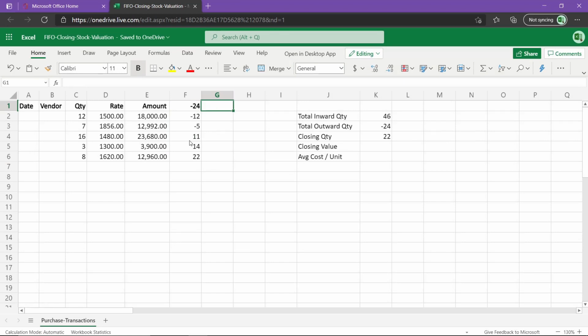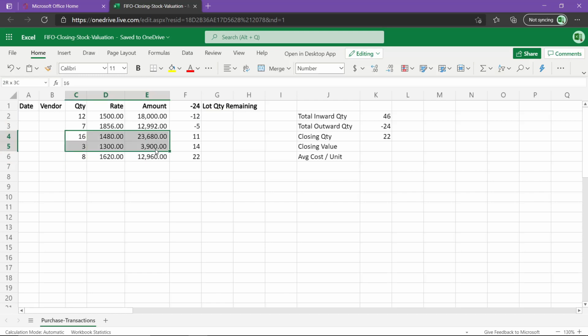Using this, now we can ascertain which quantities out of these purchases are remaining in our stock. So let me name this column as lot quantity remaining. Now, from negative up to 0, no question arises whether the quantity is remaining or not because it is already gone out of our stock.